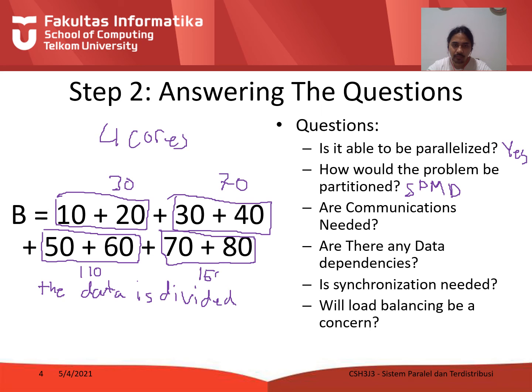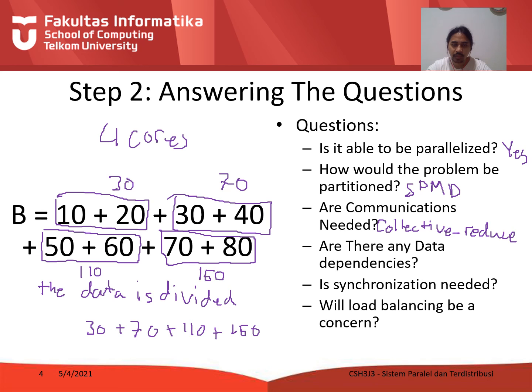And then all of them need to be added again, so it will be 30 plus 70 plus 110 plus 150. So this is a collective communication, and if you remember which type of collective communication, it is reduce.